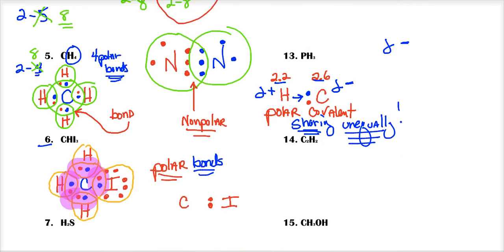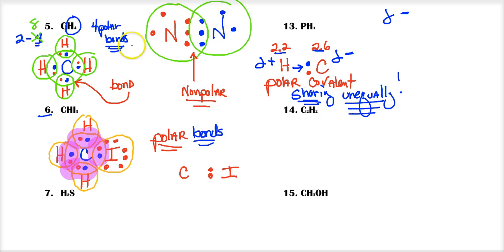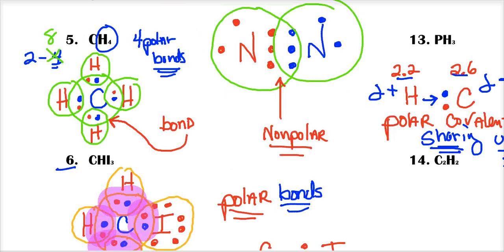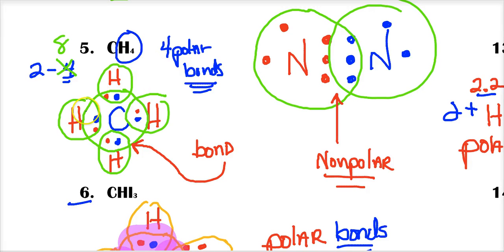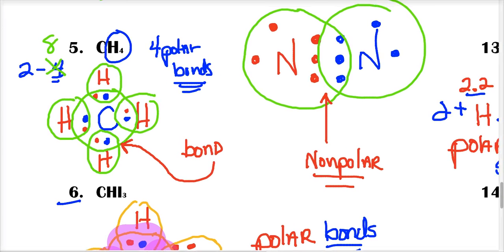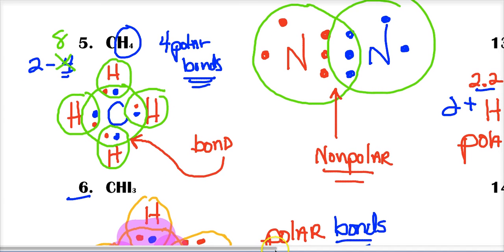All right. What about 5? 5 has 4 polar bonds. And you may say, okay, it's got a polar bond, so according to my laws, I should be right. Well, we have to consider something other than polar bonds.